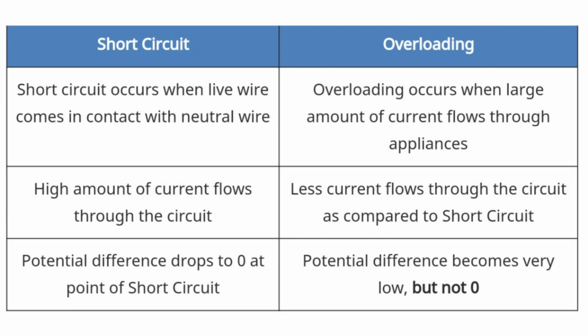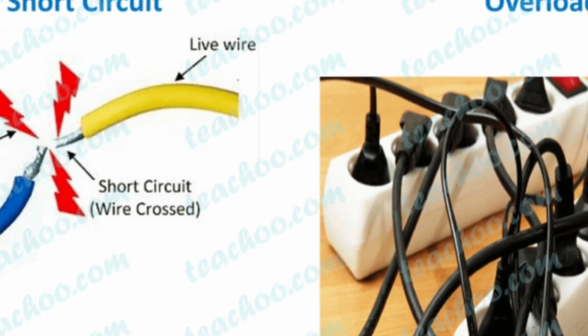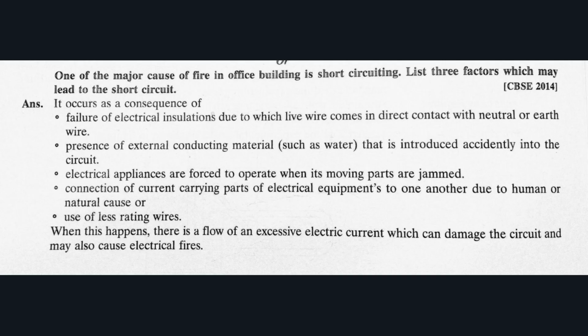Less current flows through the circuit compared to a short circuit, and the potential difference drops to 0 at the point of short circuit. In overloading, the potential difference becomes very low but not 0.